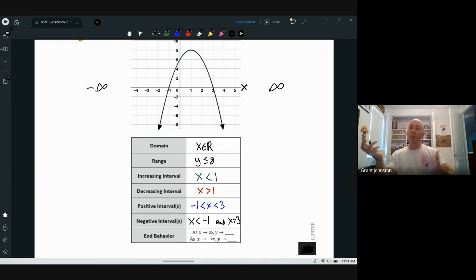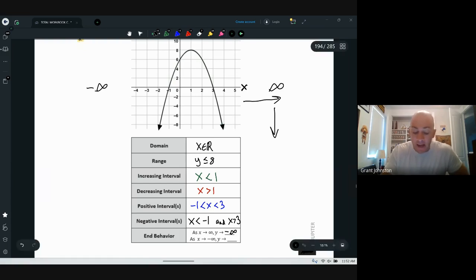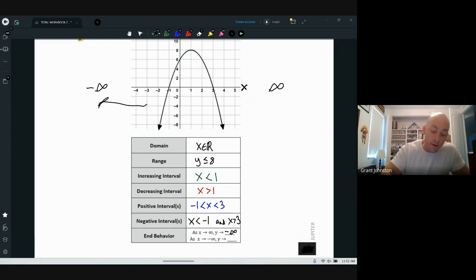But if we look at the parabola in terms of its y, as x goes to positive infinity, as we go out this way, the graph is going down to negative infinity for y. So I'm going to put negative infinity. So y is going down. Even in the other direction, as we go to negative infinity for x, it's still going down in the y direction.